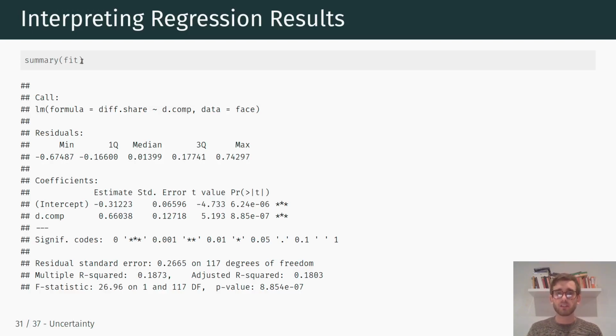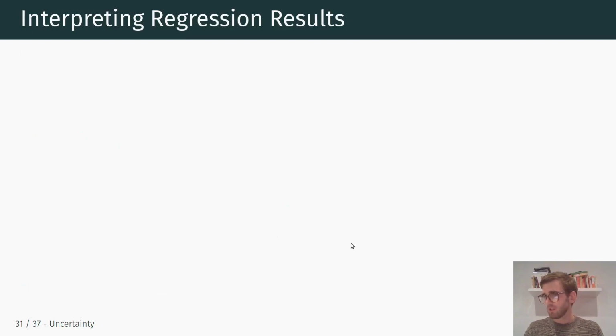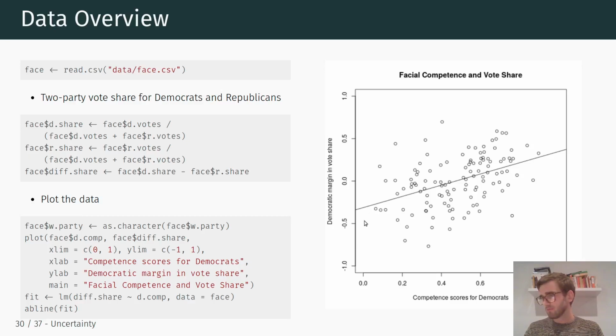command, because up until this point we didn't really talk about uncertainty and standard errors and this idea of the sampling distribution. Okay, but now if you look at the summary of that regression model, that fit, we see we have our point estimates. We have an intercept of minus 0.31, which of course doesn't really have a clear substantive interpretation, because well, the competence rating for Democrats, or this is almost an extrapolation because the competence rating was almost never just equal to 0.